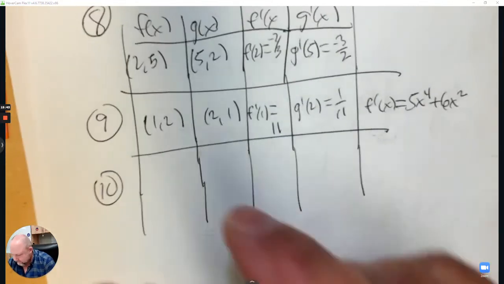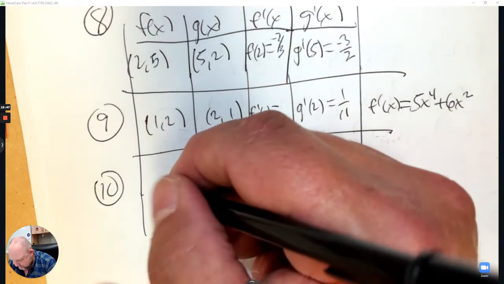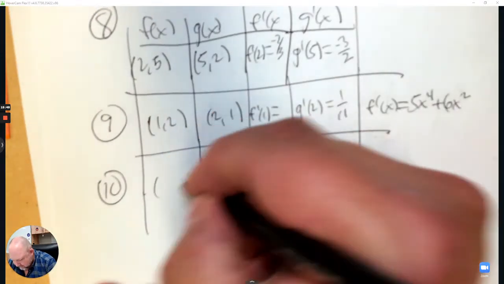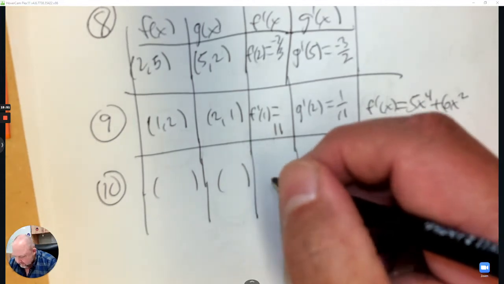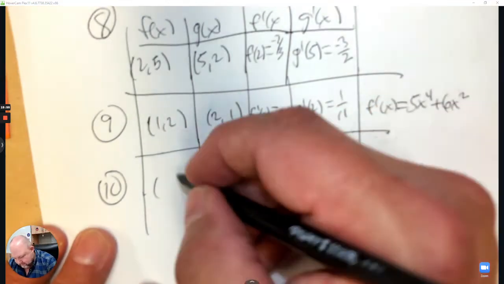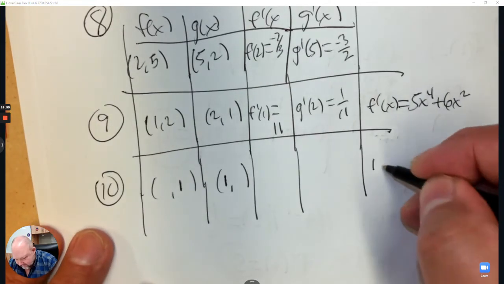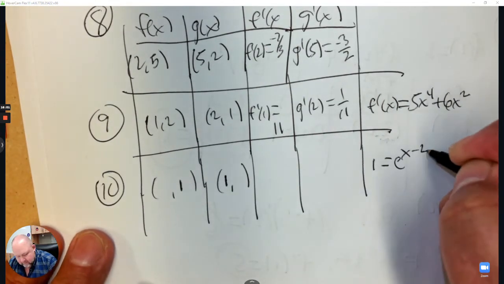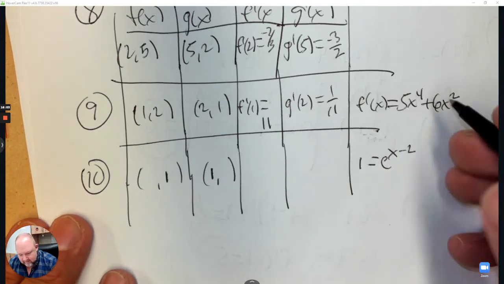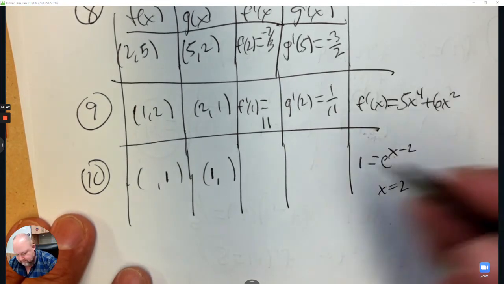Number 10. E. I like E. So first we need a point. They give you the x coordinate for the inverse, which is 1. So that means the y coordinate here is 1, which means I'm going to make this equal to 1 to find the x value. And so that answer is 2, because 2 take away 2 is 0, e to the 0 is 1.